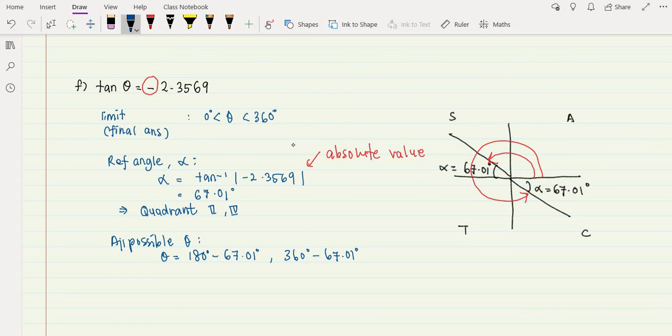Once we calculate these two angles, we get our final answer: theta is equal to 112.99 degrees and 292.99 degrees. That is our final answer because both are still in our given limit.